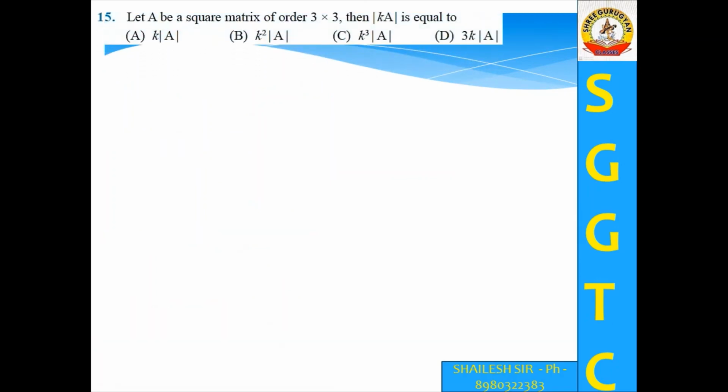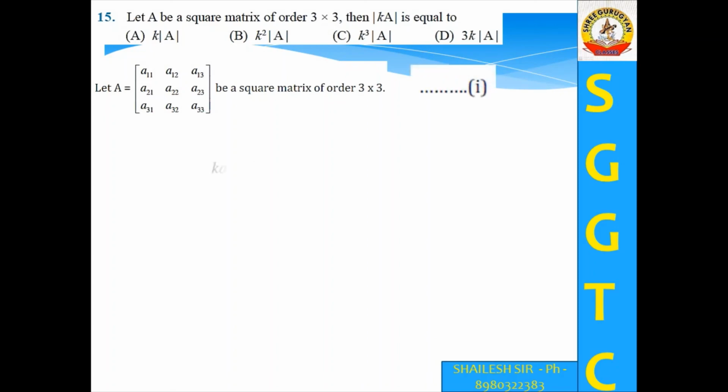It means question number 15. 15 is a simple sum. The MCQ: Ka is equal to dash. So let A be an assumption. A11, A12, A13, A21, A22, A23, and A31, A32, A33 in the square matrix 3 cross 3. Now I multiply by K to each determinant.